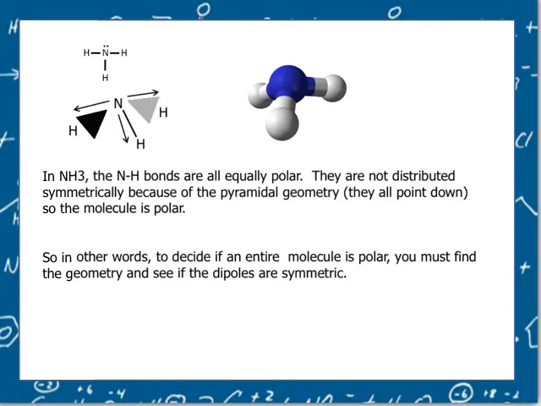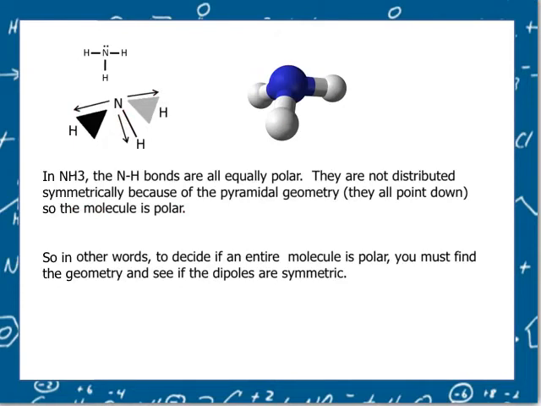So we have three equally polar bonds. So this isn't like the case of the CH3F where one polar bond was stronger than the others. These are all equivalent bonds. However, our geometry is not symmetrical because we have this fourth side that is a lone pair, and it's pushing all of the other ones.